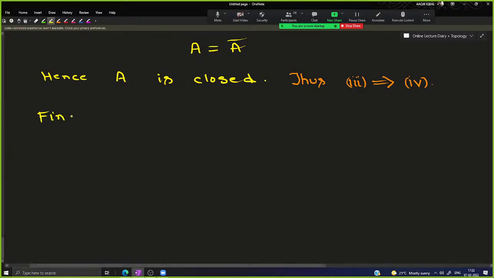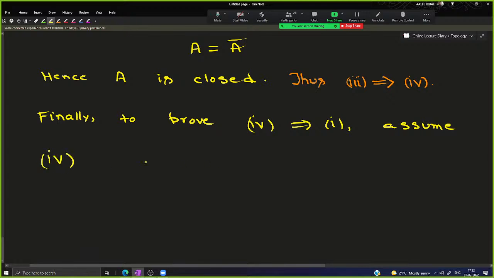Finally, how to prove statement 4 implies statement 1: we will assume 4. यहाँ इसको continue करिए.